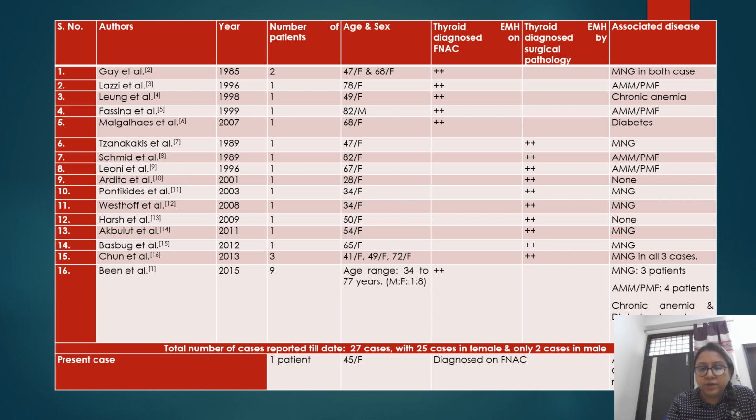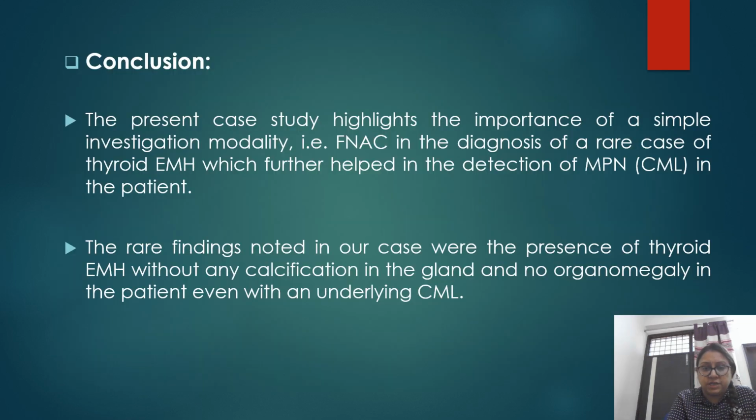So this was thyroid EMH के जितने भी केसेस थे वो हमने रिव्यू ऑफ लिटरेचर में देखे. सब में हमने देखा कि जो डिजीज एसोसिएटेड था या तो मल्टीनोडुलर गॉइटर था, माइलोफाइब्रोसिस, क्रॉनिक अनीमिया, डायबिटीज, मल्टीनोडुलर गॉइटर. नन ऑफ द पेशेंट हैड क्रॉनिक माइलॉइड ल्यूकेमिया इन थायराइड EMH. ठीक है. So when we reported this case, when we published this paper, at that time 27 cases of thyroid EMH were reported, but in association with CML was our first case.